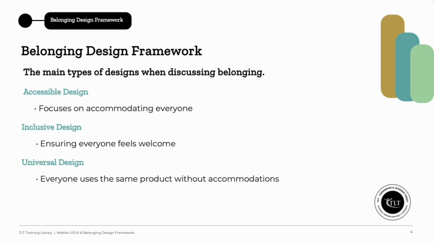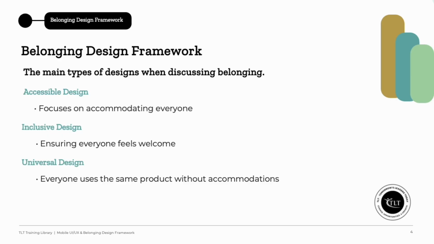Next, we'll talk about design specifically and the different types of designs that encompass belonging. First, there's accessible design. It focuses on disabled users and providing them with accommodations. Then there's inclusive design. It focuses on including not only disabled people, but also including social groups, like people of different ethnicities, ages, people who speak different languages, and people of different genders.